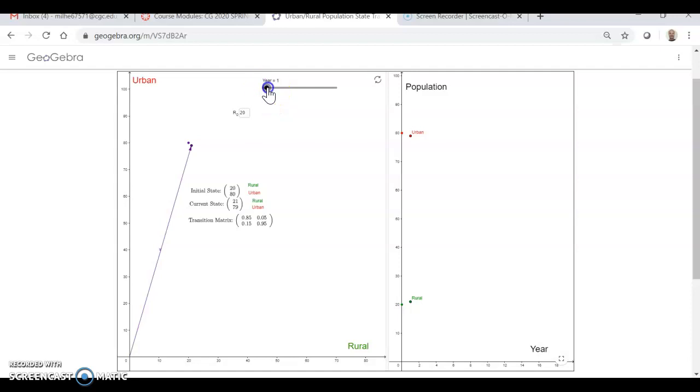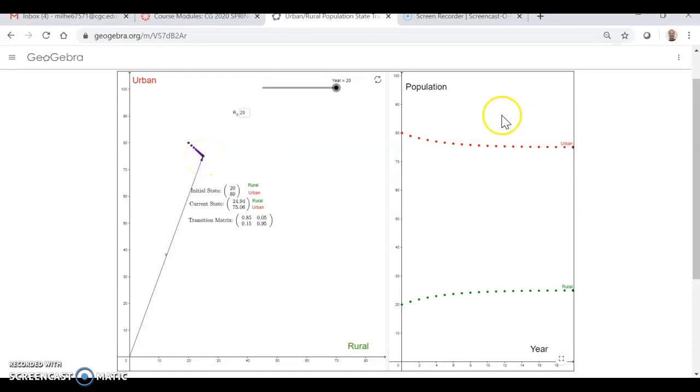We can change it to time 2. There's time 2, 21.8, 78.2. And we can continue doing this. One fascinating thing that you'll observe here is eventually, when you start to multiply by that transition matrix enough times, the progression of dots, the distance between them, is growing smaller and smaller. Over here, we see a similar effect.